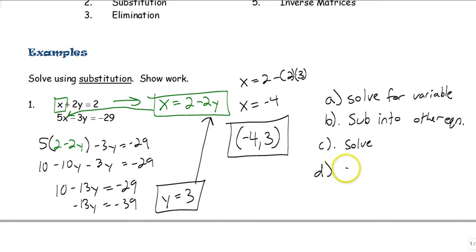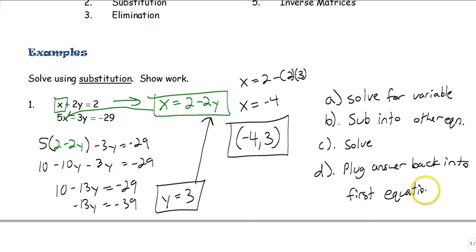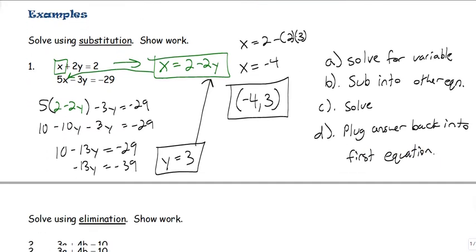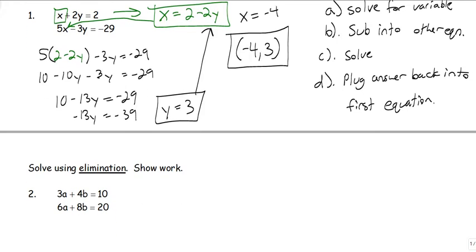D, you want to plug that answer back into the first equation. Again, if you need to see this, just pause the screen to write those down. But those are the steps for substitution. Should be something that you've done already.